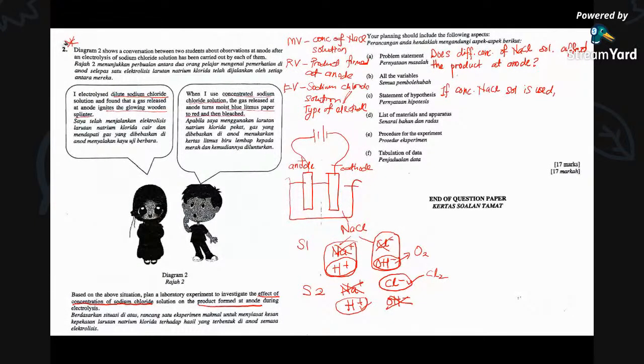So you can say chlorine gas is produced at anode, and if dilute NaCl solution is used, oxygen gas will be produced at anode. Okay, so this is also something to do with variables that can be answered.